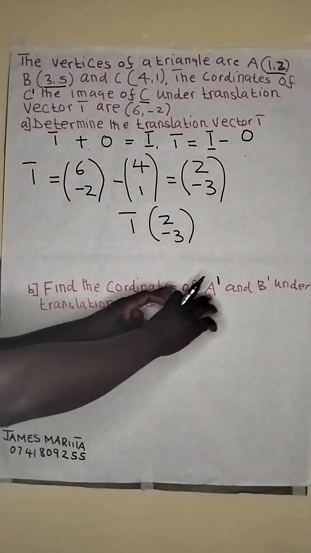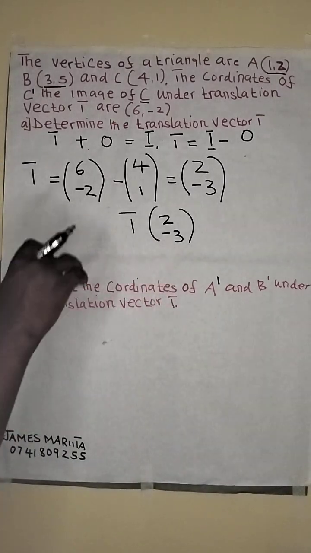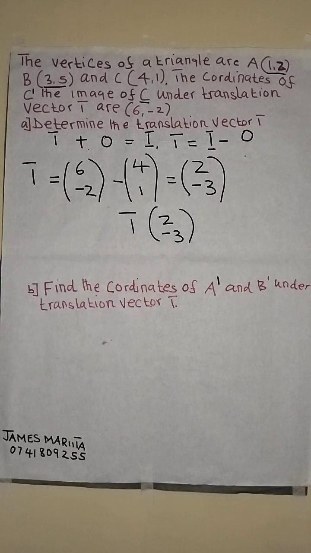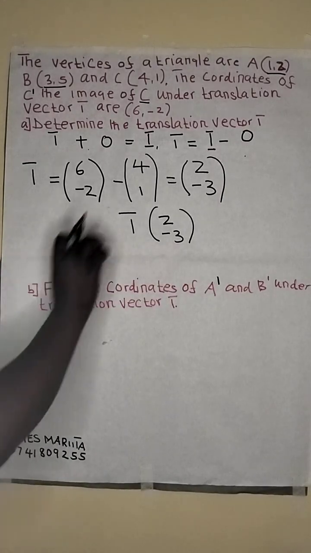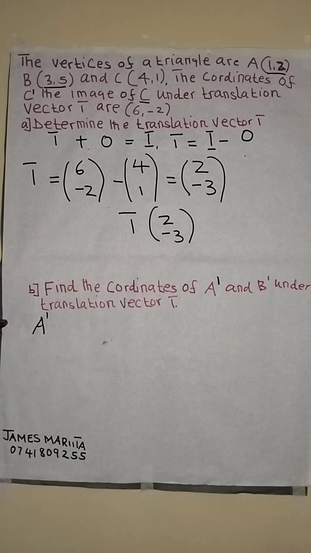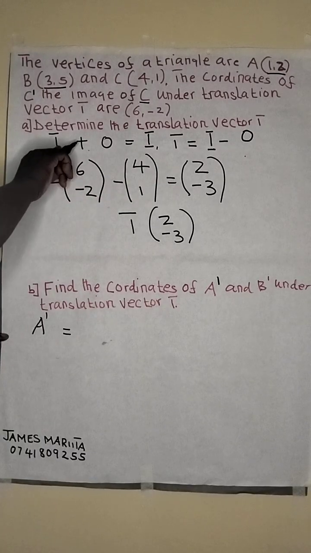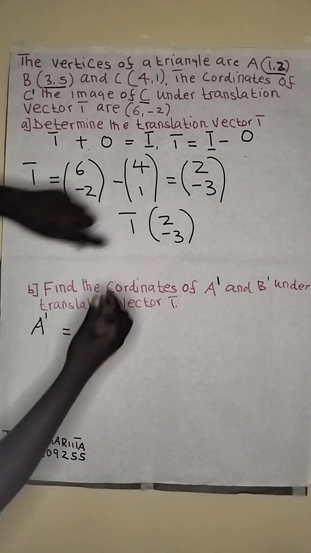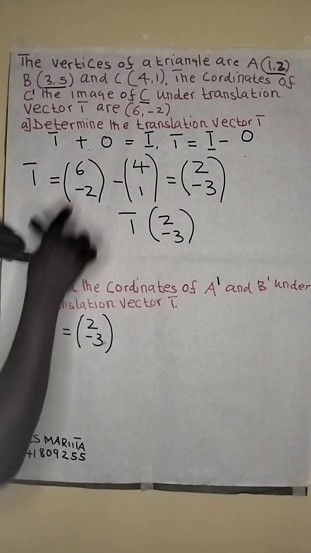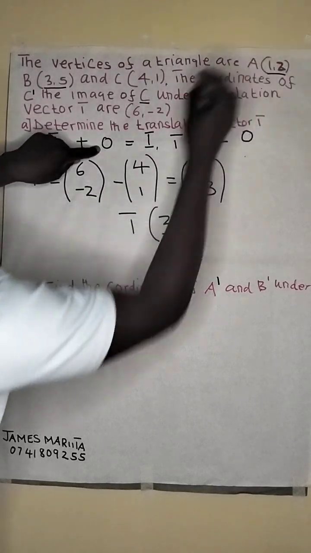So to get the image of A, we use T, which is (2, -3), plus the coordinates of the object A, which is (1, 2).